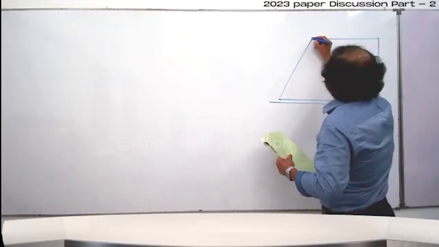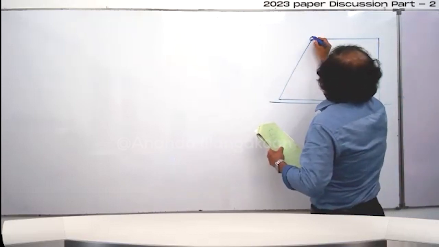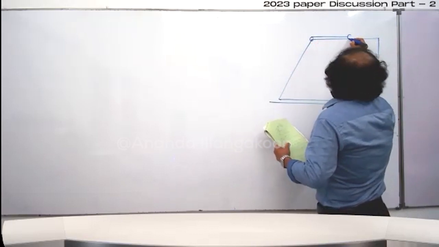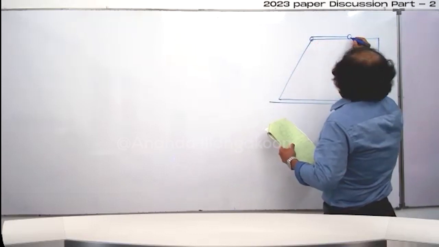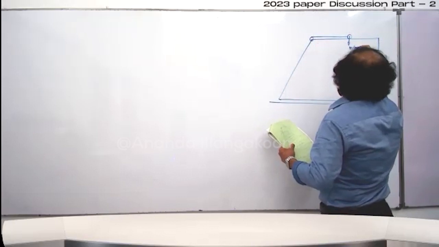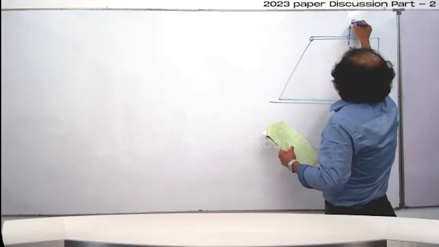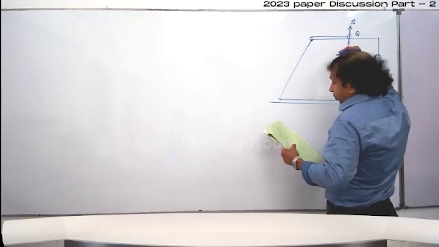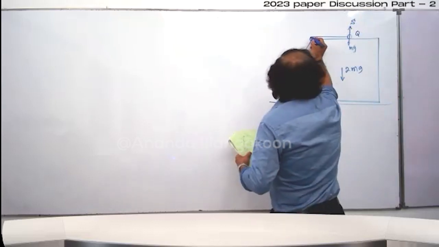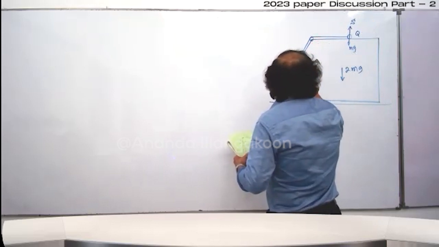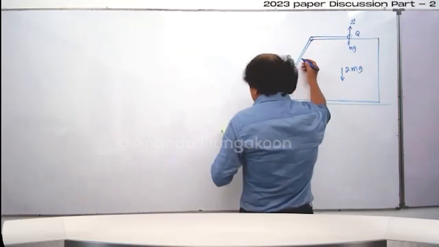Here we have a pulley, with the string passing over the pulley like this. Mass m with weight mg, normal reaction, starting with Q here. This is P.